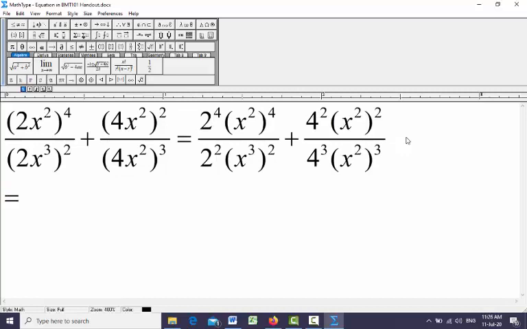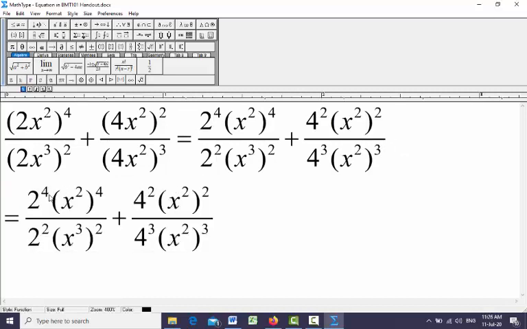So instead of 2 to the power 4, we can write 16. Here again we have x square with a bracket, and outside the bracket we have power 4. So this power 4 and this power 2 will be multiplied together, so we will have power 8.